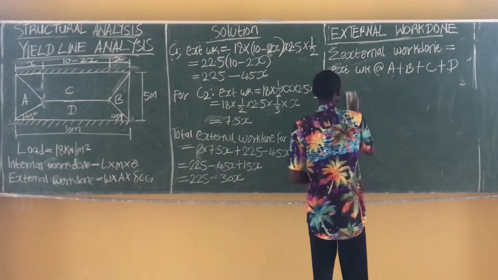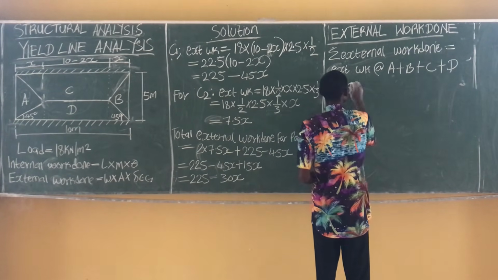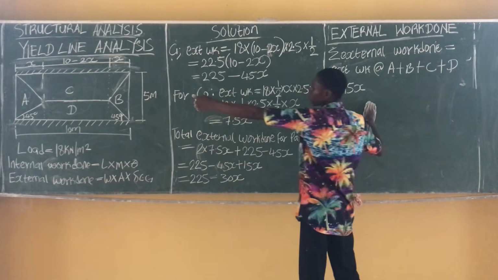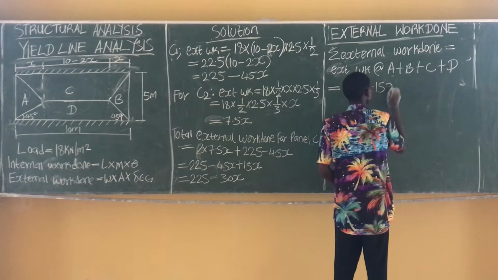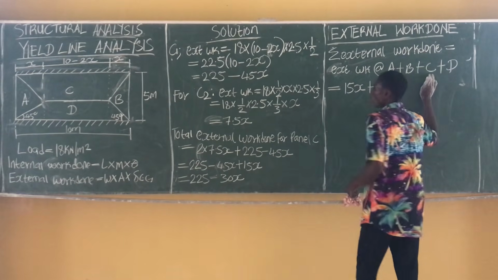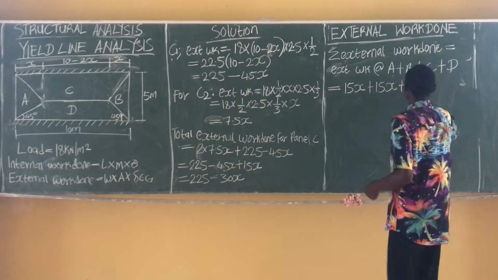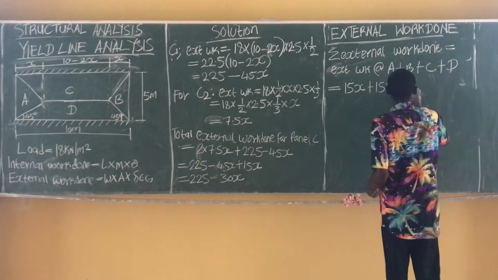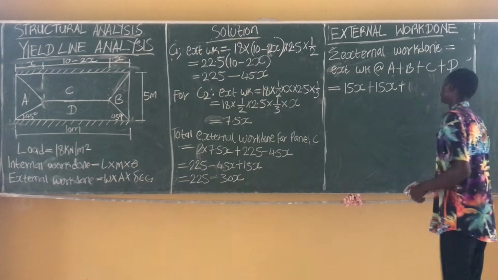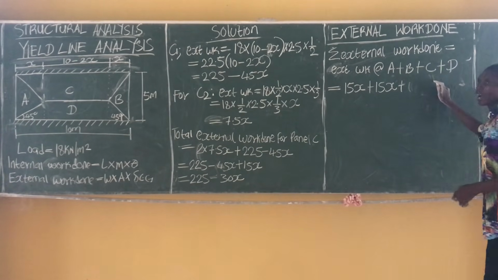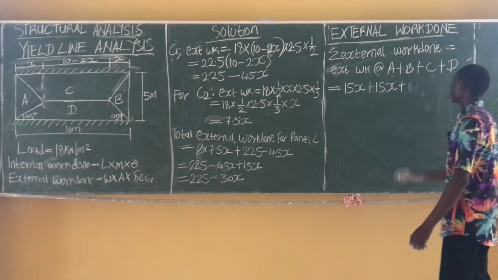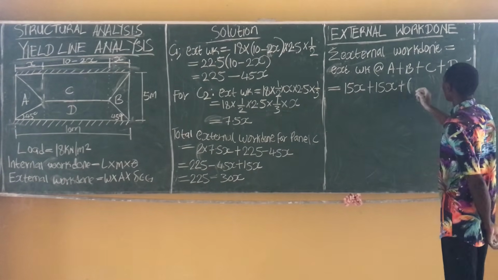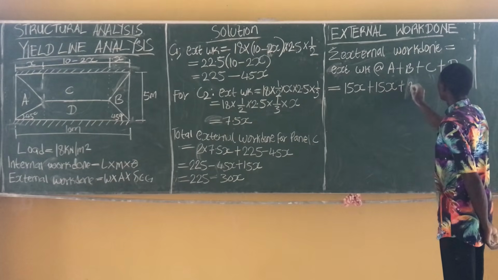Our external work done at A as calculated earlier is 15x. Knowing that it is the same with segment B, plus for B, 15x. Plus external work done at C. C and D are the same, so it is plus 225 minus 30x plus 225 minus 30x.